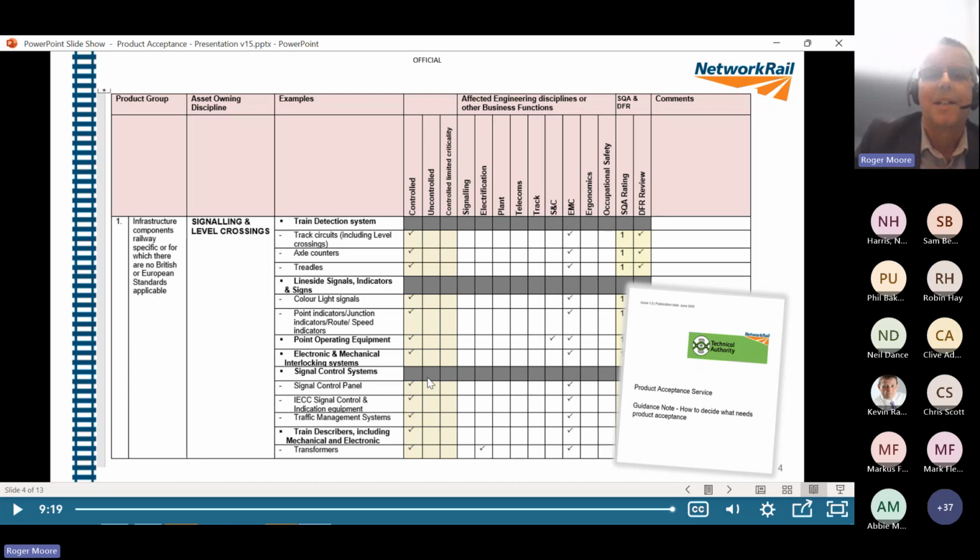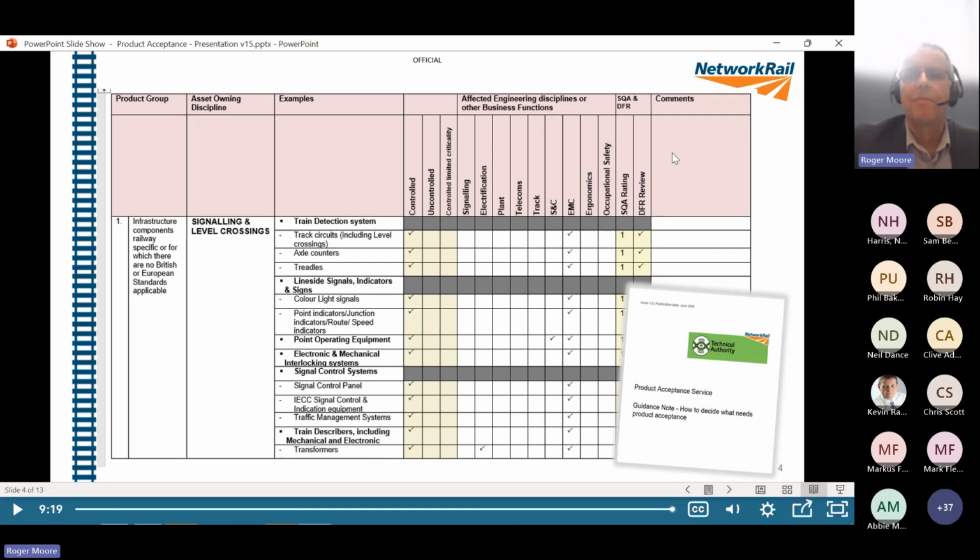Those that are listed as uncontrolled do not require acceptance, but we have a third category as well, controlled limited criticality. Now, they do not need to be assessed in relation to any Network Rail specifications or standards, but we need evidence that they meet British standards. And once we've received that evidence, that's all we need.